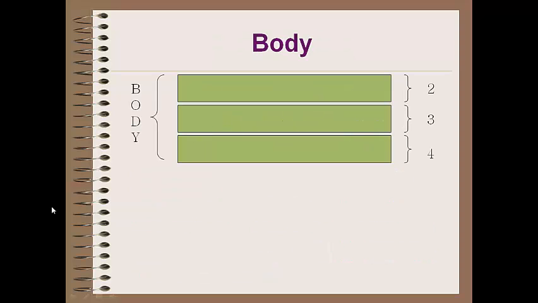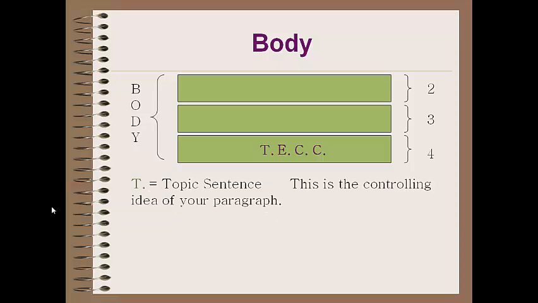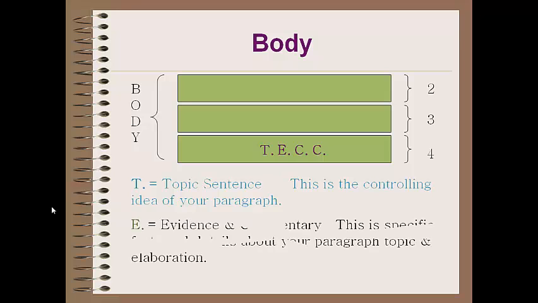Then we look at our body. And remember last week we looked at a solid TEC paragraph, which each of our body paragraphs has to be, has a topic sentence that controls the idea of the paragraph itself. It has evidence and commentary that is specific facts and details about the paragraph topic, and then the elaboration, how it all ties together.